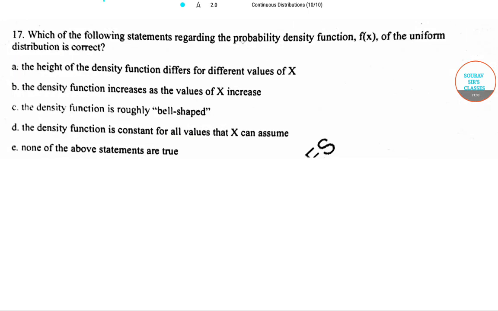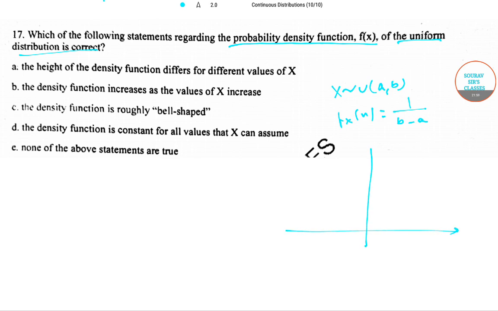Which of the following statements regarding the probability density function f(x) of the uniform distribution is correct? So, say if x follows uniform a comma b, that is the parameters are a and b, then f(x) is equal to 1 by b minus a, and the graph is represented as such.